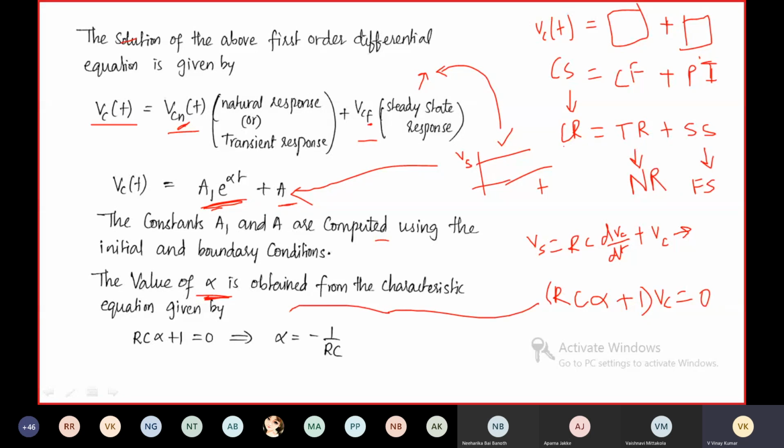So RC alpha plus 1 is equal to 0. Then alpha is equal to minus 1 by RC. So Vc of t is equal to a1 e power minus t by RC. Put alpha in the above equation, then you will get Vc of t is equal to a1 e power minus t by RC plus k.